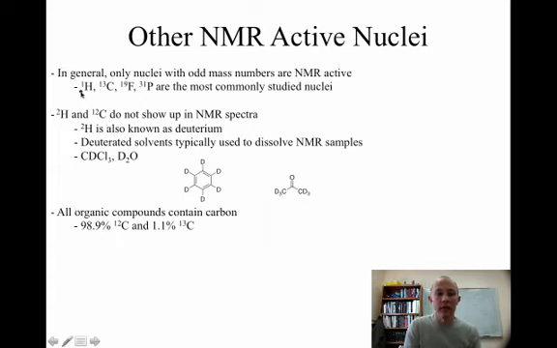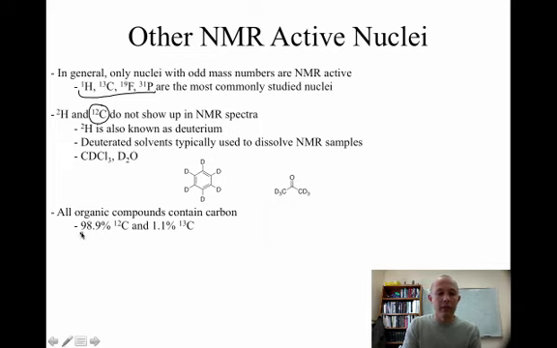These are the ones that are by far the most commonly studied isotopes. By the same virtue, if you have an even mass of your nucleus, those generally are not going to be seen in the NMR. That's why we use deuterium as a solvent in proton NMRs. And carbon-12 won't show up in carbon NMRs just because it has an even numbered mass.